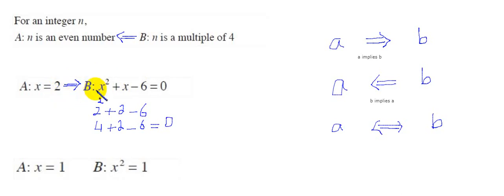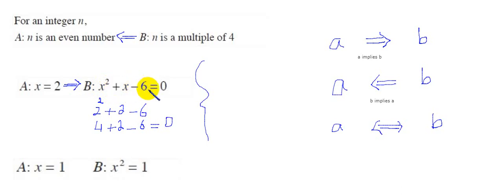So x squared plus x minus 6 equals 0. Then does x equal 2? Whether x equals 2 or not, we will see in this example. Let's factorize this expression and see whether the value of x equals 2 or not.